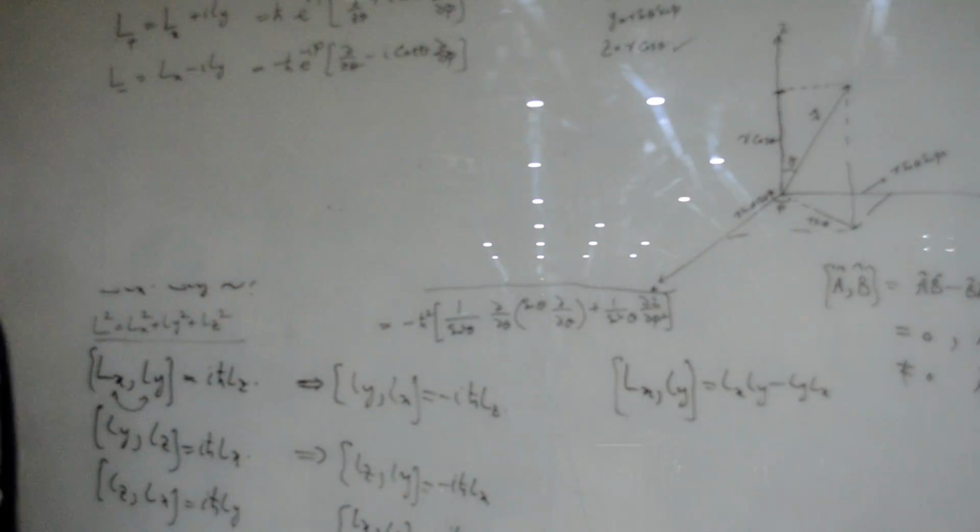These are in spherical polar coordinates, because you can go back and forth from rectangular coordinates to spherical polar and from spherical polar to rectangular.